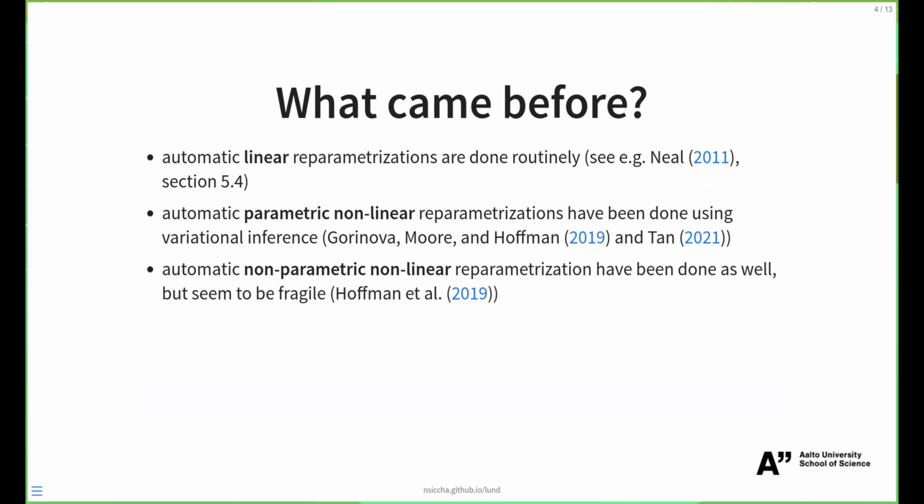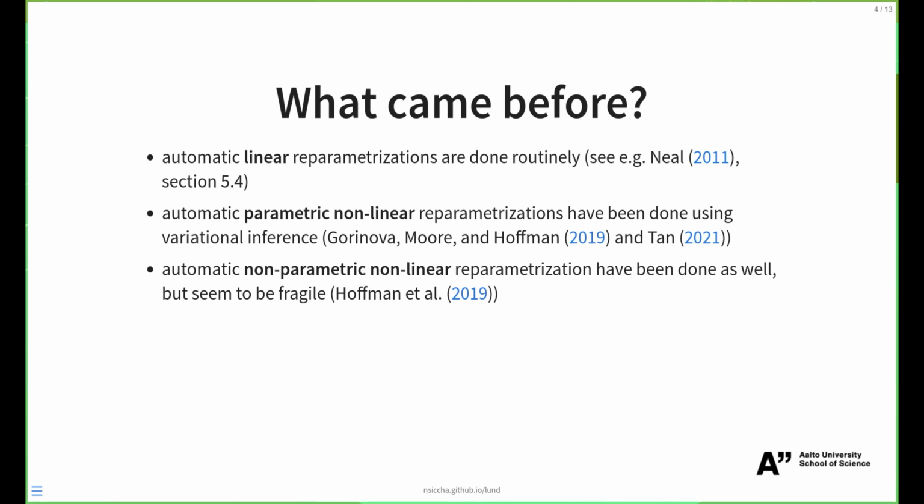You're trying to learn the scale of your parameters or the correlations of your parameters to make HMC sample as efficiently as possible. And then there have also been approaches to do this parametrically for nonlinear reparameterization, similar to what we are showing now.